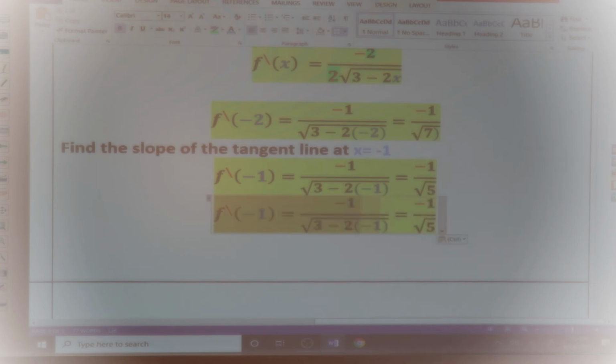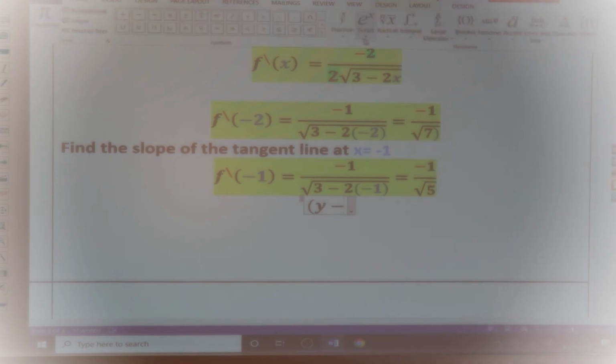If you want the equation of the tangent line, remember from algebra: y minus y1 equals the slope, which is m, times x minus x1.